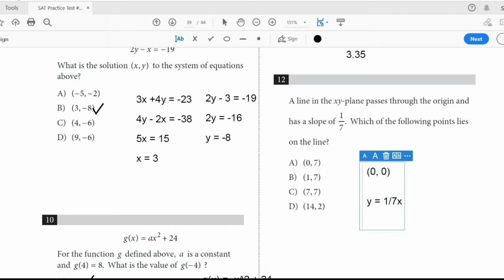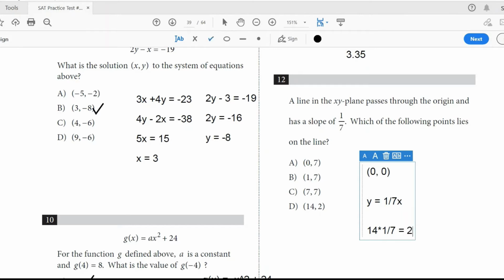If y equals 1/7 x, we just put the 0 here. This cannot equal 7. So if we put 1 here, it still cannot equal 7. So therefore, the answer has to be D, right? Because 14 multiplied by 1 over 7 equals 2.